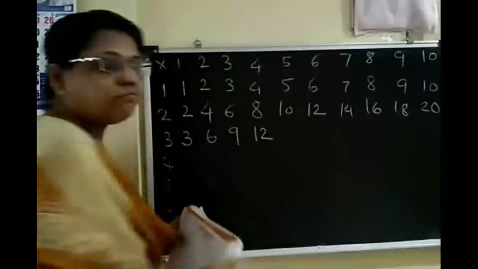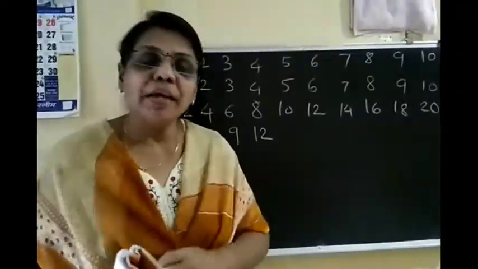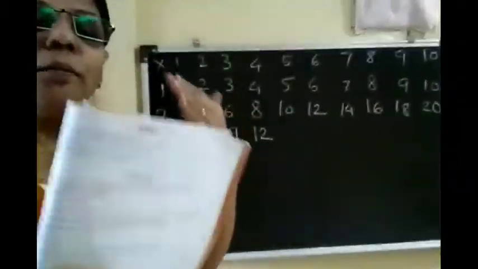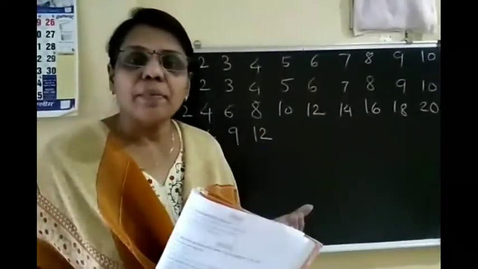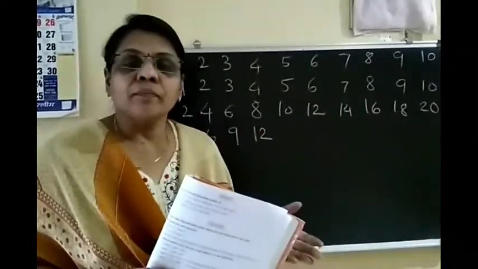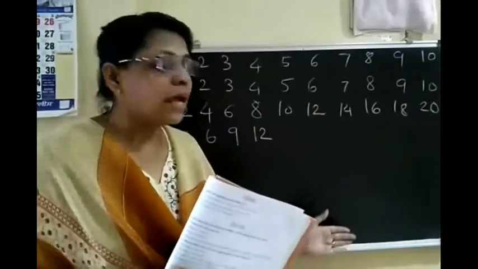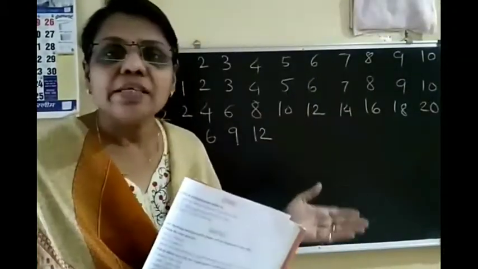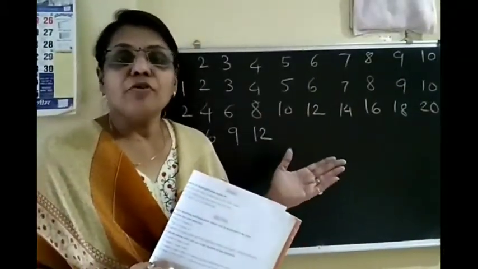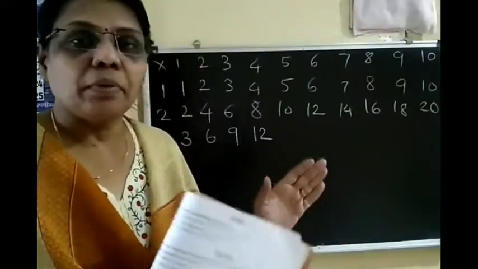So for this, first thing, from the beginning, I am just telling you, please go through the tables at least 2 to 10. These types of sums will be very easy for you to solve if you are thorough with the tables.